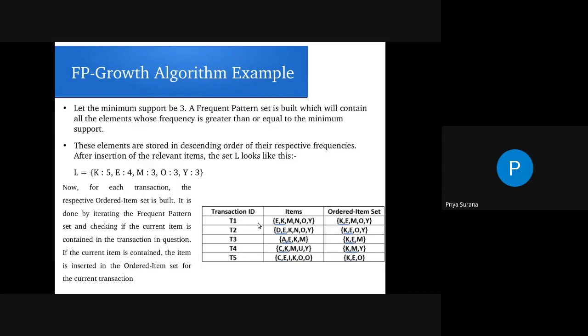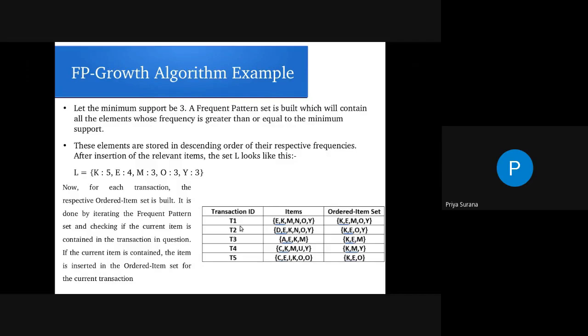For example, P1. Which atoms are there? That is E, K, M, N, O, Y. Now in the order atom set, what is considered and how is it considered? That is important. Whatever list L is built, the atoms available in that list are considered in the order atom set.